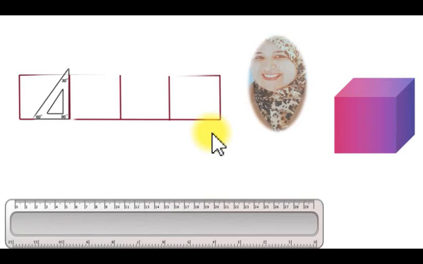Now draw another 20 centimeters to close the figure. We have 4 congruent squares. Each square's side length is 5 centimeters. We want to draw another 2 squares to form the net of the cube.